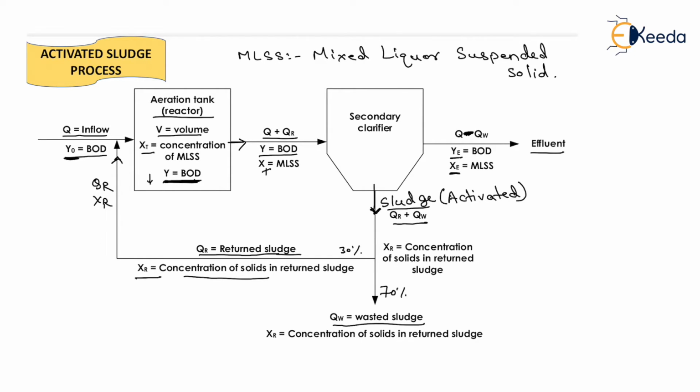From that, 30% is sent back to the process and 70% is taken out as wasted sludge. Now the effluent water is taken here and its discharge will be equal to Q minus QW, and YE is the effluent BOD and XE is the concentration of suspended solids in the effluent water. Okay, now that is the activated sludge process.